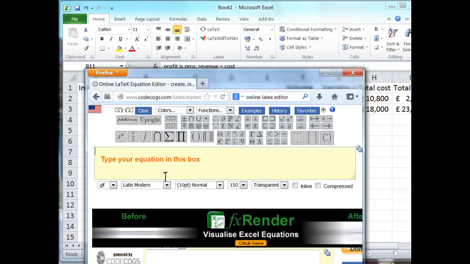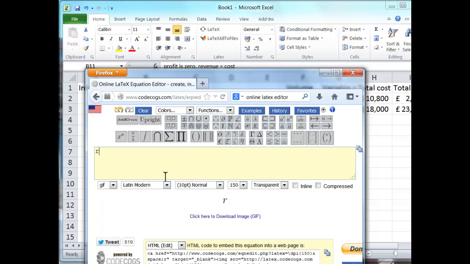Let's say the revenue per item is R times the volume V, and this must equal the total cost. That's the fixed cost and the variable cost. Let's call this the variable cost for one jean multiplied with the volume, plus the fixed cost. Okay, here we got the formula.